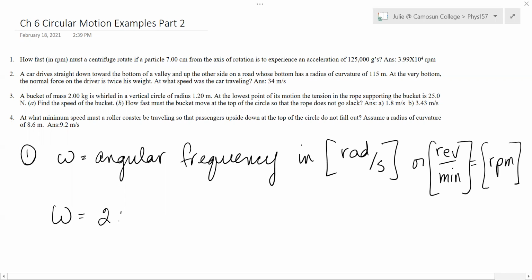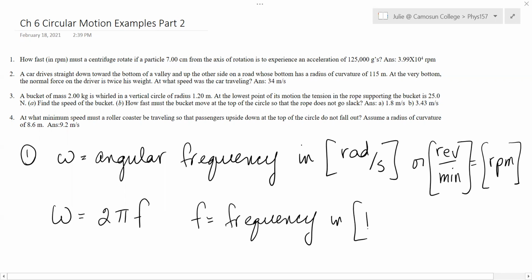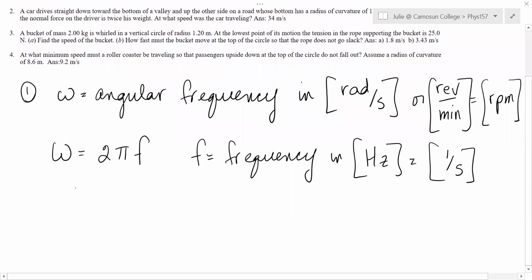So omega is 2 pi f, where f is just called frequency. And the SI units for that would be hertz, and a hertz is 1 over a second. Okay, so the 2 pi, you can see, is the factor that relates these two quantities. So there are 2 pi radians in 1 revolution.